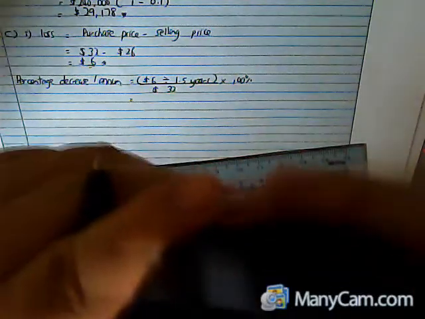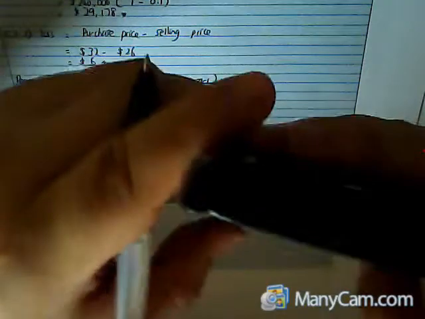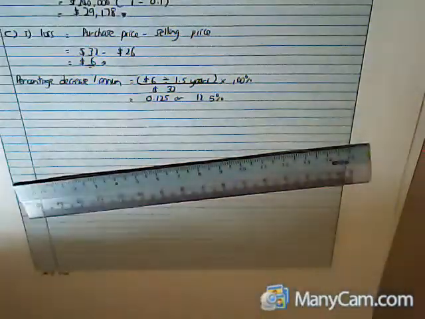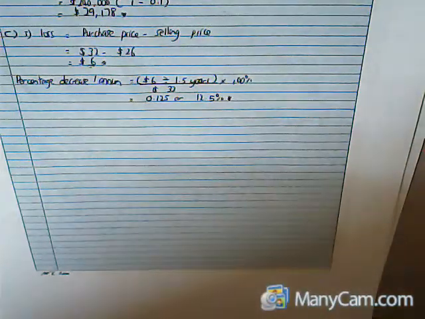What's the purchasing price? 32. Times 100%. So we are getting 0.125, or you can say 12.5% per annum. Okay, that is the idea for C1. Is it okay for you?